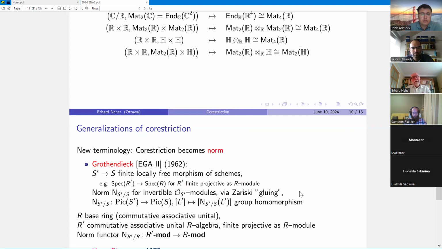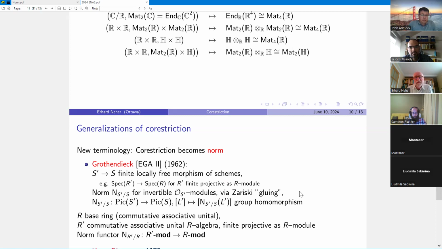Now, in the setup which I explained before of Galois fields, we defined the corestriction by using Galois descent. In this setup, Grothendieck defined this by using some sort of Zariski gluing. And in fact, he was interested in the Picard group of invertible O_S' modules.